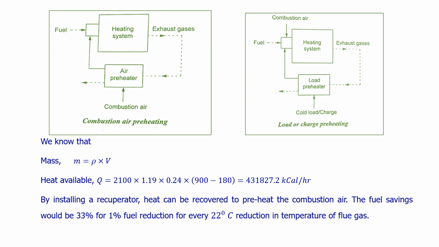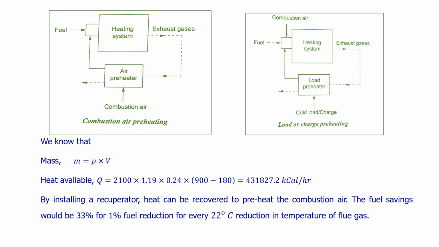Mass flow M equals rho times V, with rho 1.19 and V 2100. So M we have calculated.